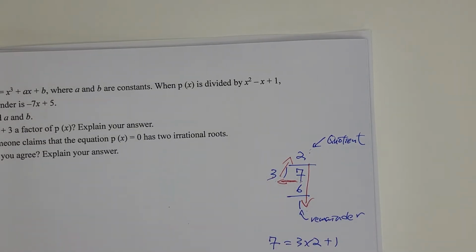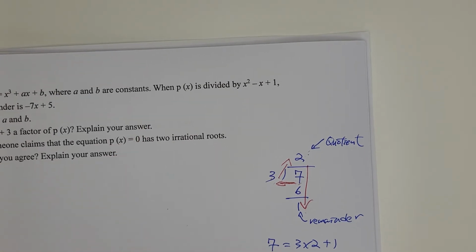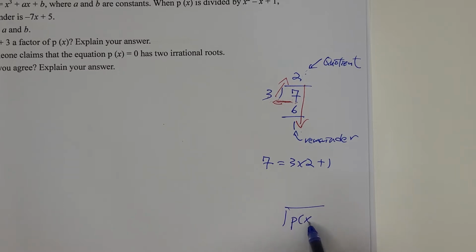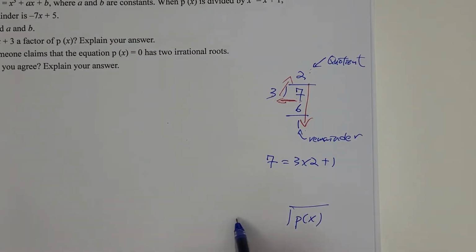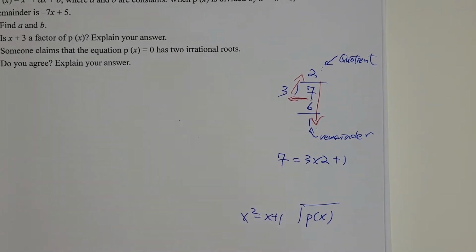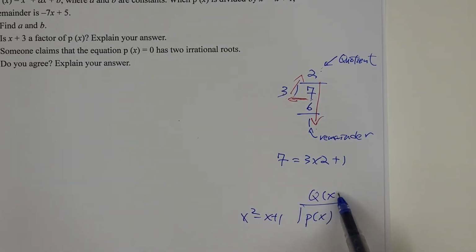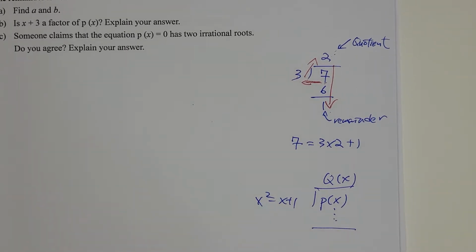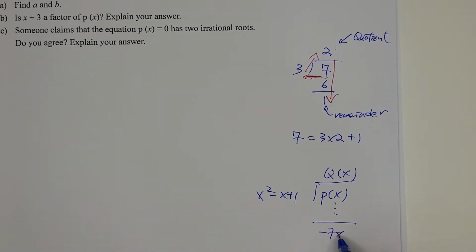So what happens when you are working with polynomials? Similar. When P(x) is divided by x squared minus x plus 1, then you will have something at the top described as a quotient. After a long calculation, you will get the remainder negative 7x plus 5.